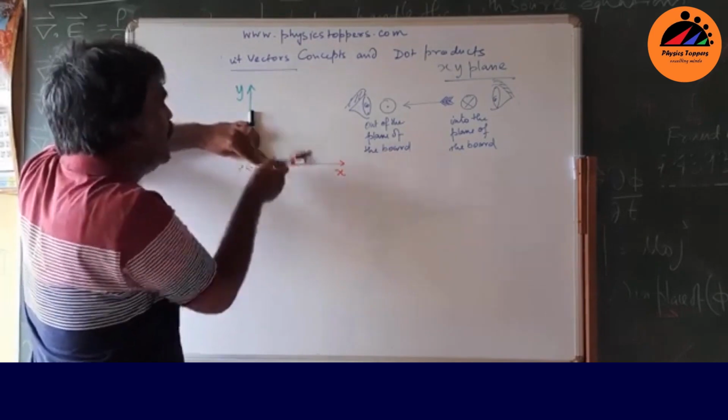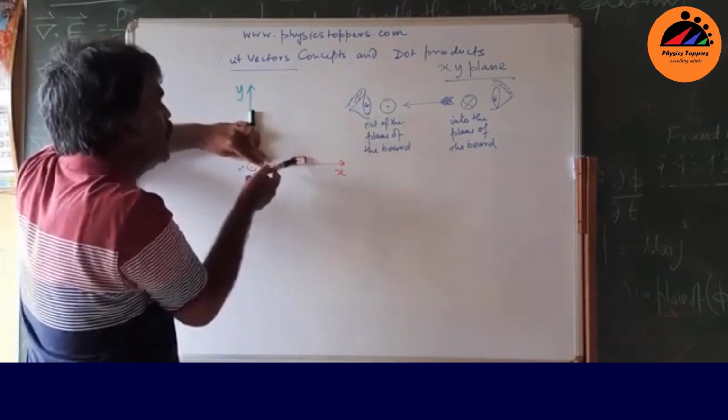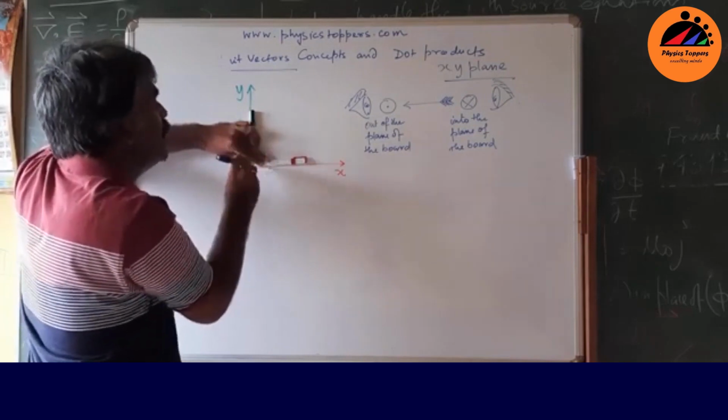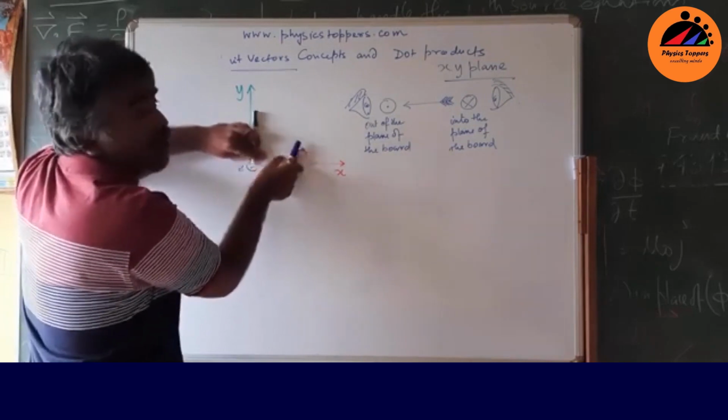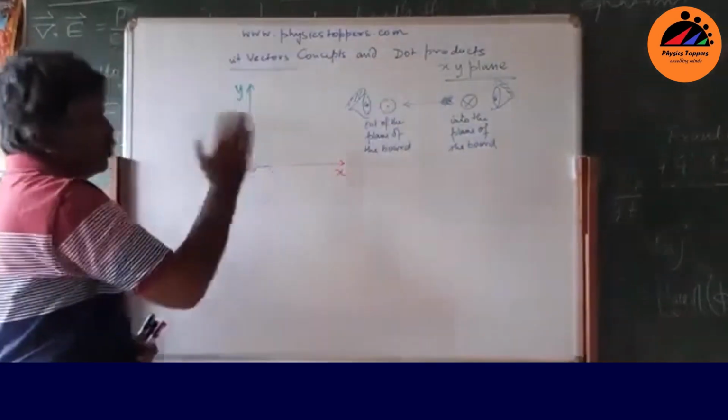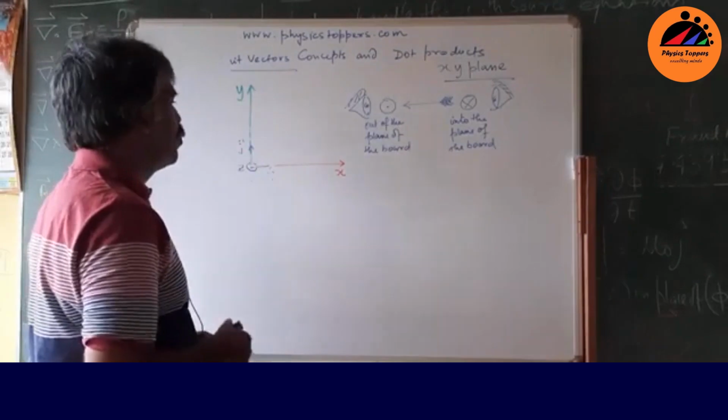So x to y is anti-clockwise, y to z is anti-clockwise, and z to x is anti-clockwise. Anti-clockwise is the positive direction, so we move along that.